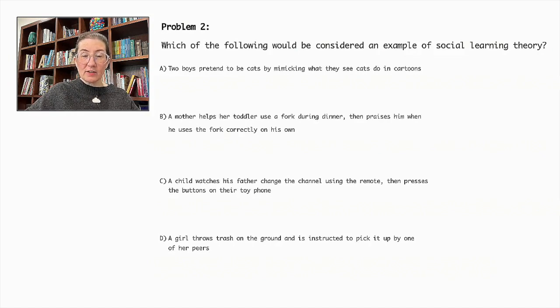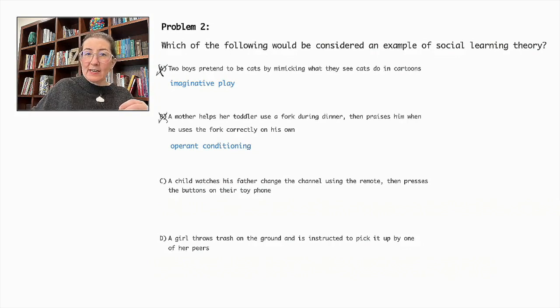So, when we're considering examples of social learning theory, it's important to identify instances where individuals learn behaviors by observing others. The example of two boys pretending to be cats by mimicking cartoons is more aligned with imaginative play. So, let's cross that out. A mother helping her toddler use a fork during dinner and then praising him for using it correctly illustrates operant conditioning, where behavior is shaped by reinforcement.